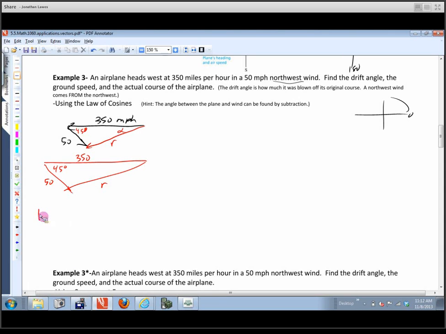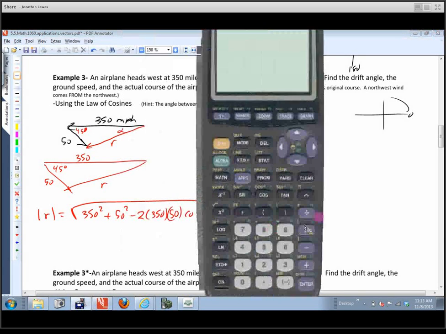So the magnitude of that resultant is going to be a big square root of these two legs. So we'll do 350 squared plus 50 squared minus 2 times those two legs. So that's going to be 350, 50, and then the cosine of the angle between them. So the cosine here is going to be 45. So we're going to type that into the calculator and see what we end up with here.